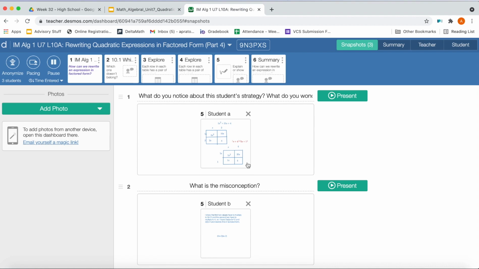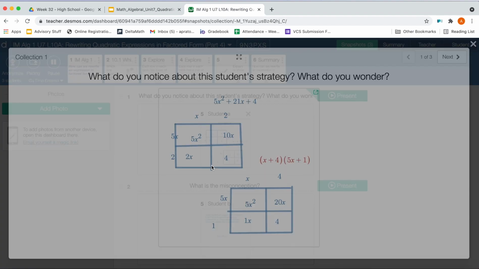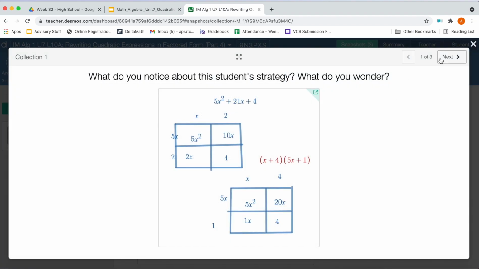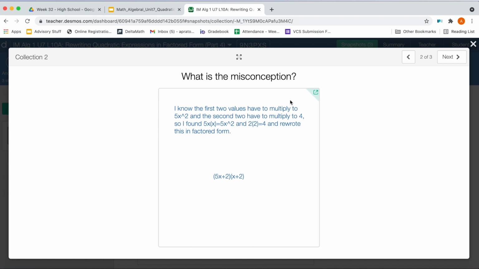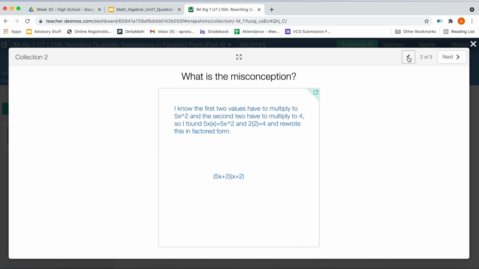For the correct strategy, I'm just going to ask students what they notice and what they wonder about that strategy. Let me just present right now. We'll get deeper into what we want them to see. But then we get to the misconception, and we have one misconception here that might arise and another misconception here that might arise.